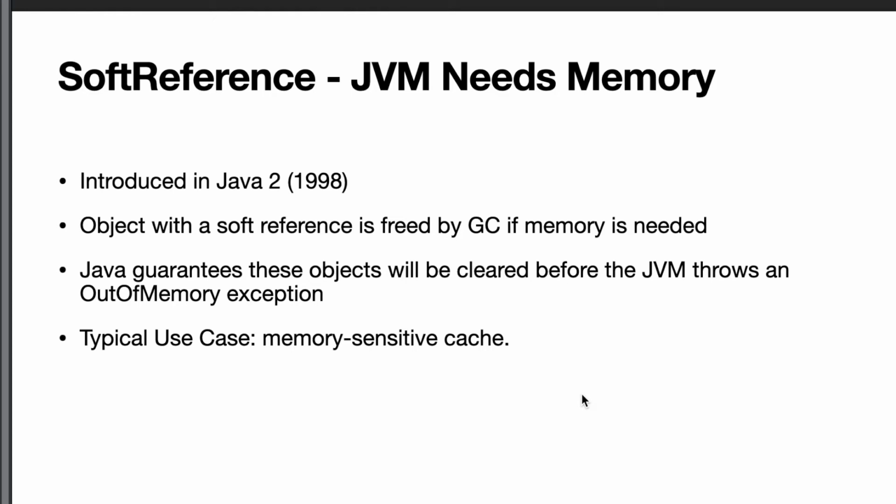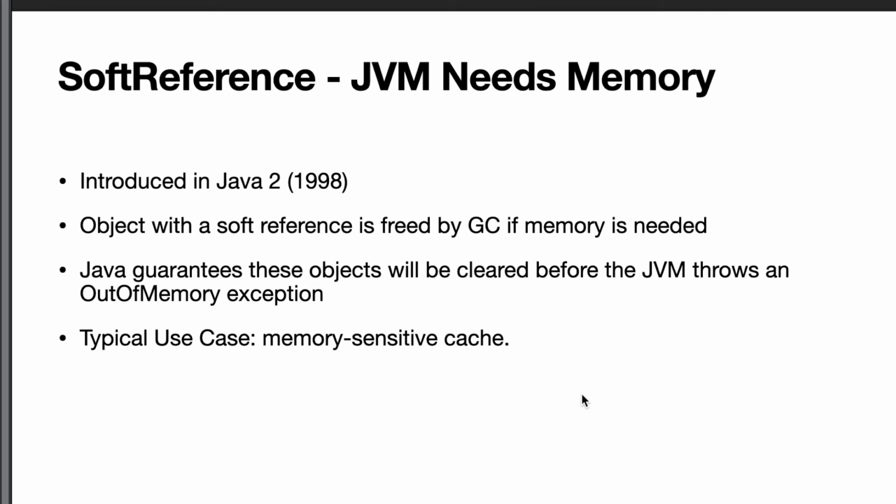It stands to reason. The Java virtual machine is running low on memory, the garbage collector kicks in and looks for objects with only soft references in the heap. If it finds them, it will free that object, free the memory, and allow the JVM to reclaim that memory for use by other objects.